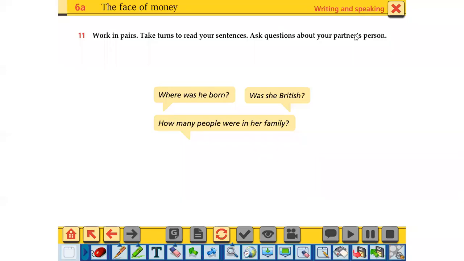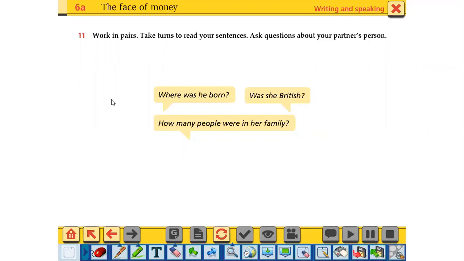Here you have to work in pairs. Take turns to read your sentences and ask questions about your partner's person. For example, where was he born? Was she British? How many people were in her family? This kind of question, okay?